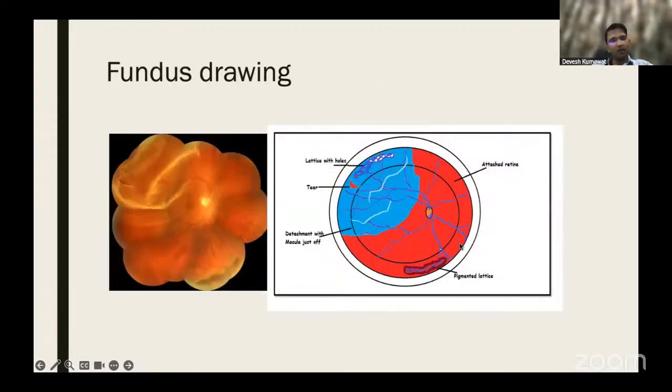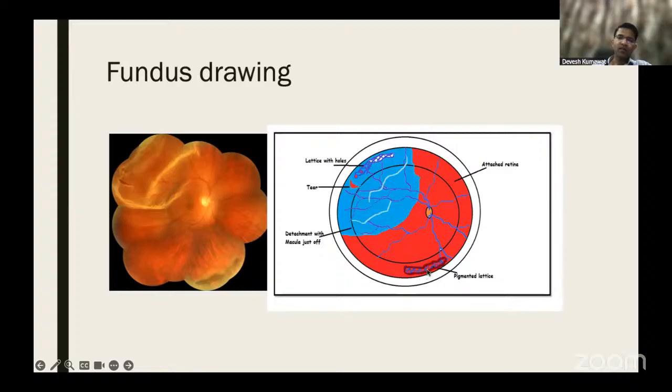Now, if we see this patient's fundus picture, this is how the fundus color drawing will more likely be. The pigmented lattice in the inferonasal part, if you see, is in the attached retina. So attached retina is depicted by red color, and the margins of the lattice are red.